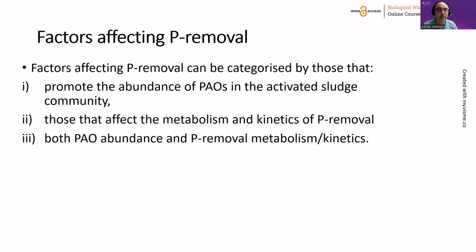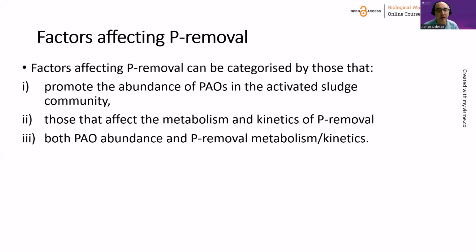Then factors that impact the metabolism and kinetics of phosphorus removal, and then factors that impact both the PAO selection within the microbial community and its activity, maximizing its activity.